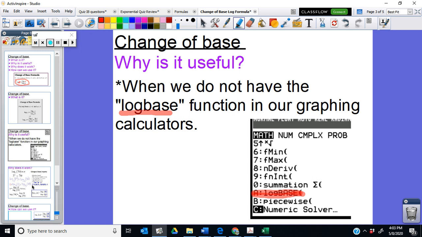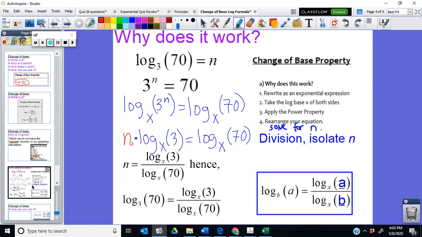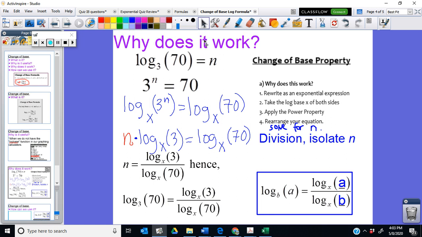So why does it work? Well, here's an explanation, just an algebraic proof showing the sequence of how you go from log base 3 of 70 equals some exponent, to that same expression of log base 3 of 70 is the same as log of some base of 3 divided by log of some base of 70.